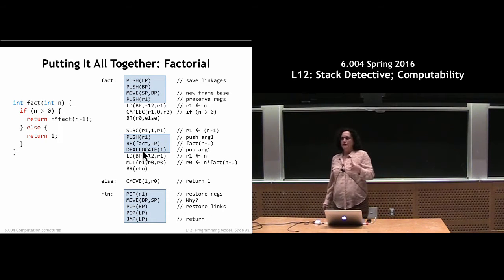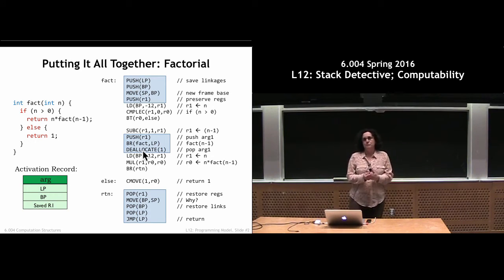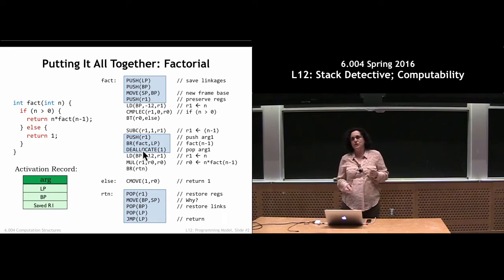So if we look at this structure, there are a couple things that we want to pay close attention to. The first is that when you have a recursive procedure, every single time you call the recursion, you're going to have what's called an activation record. The activation record is going to have exactly the same structure.